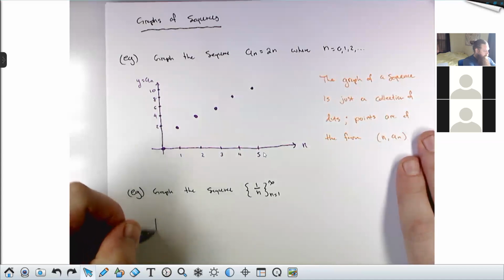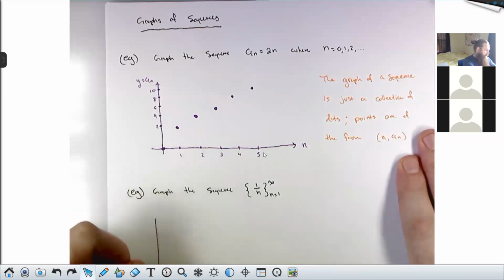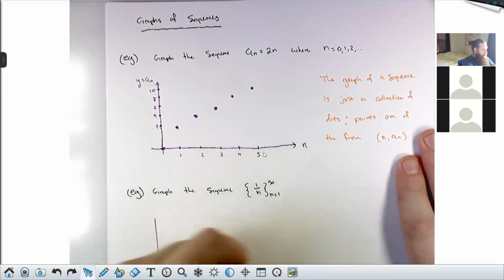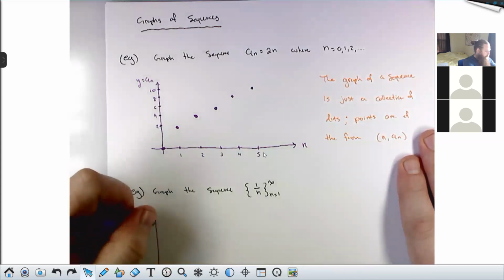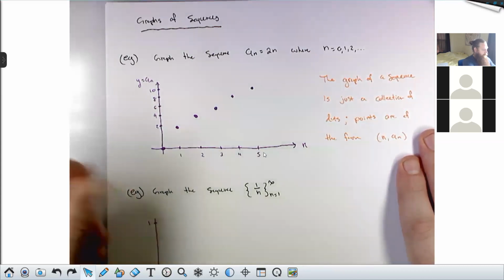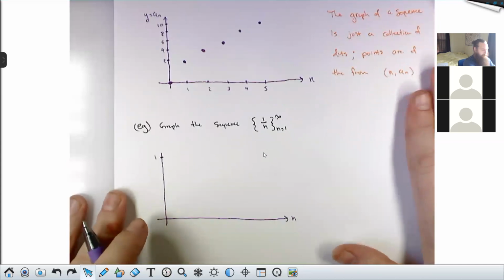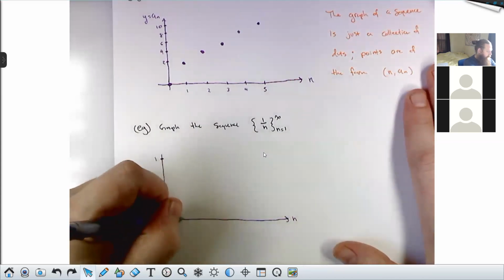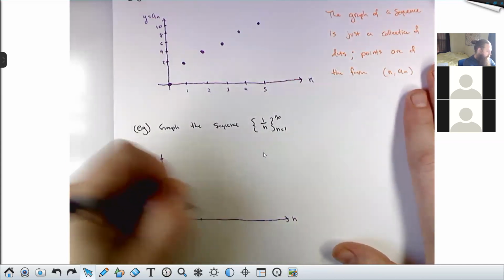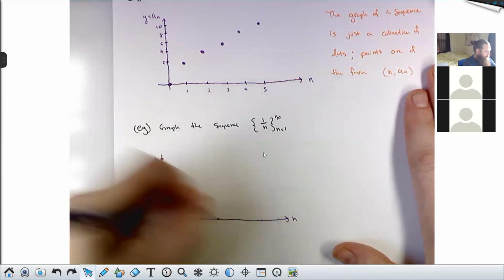Well, the first few terms here are 1, and then 1/2, and then 1/3, and then 1/4. I'll call this 1. And on my horizontal axis, the n-axis, I'll space things out.